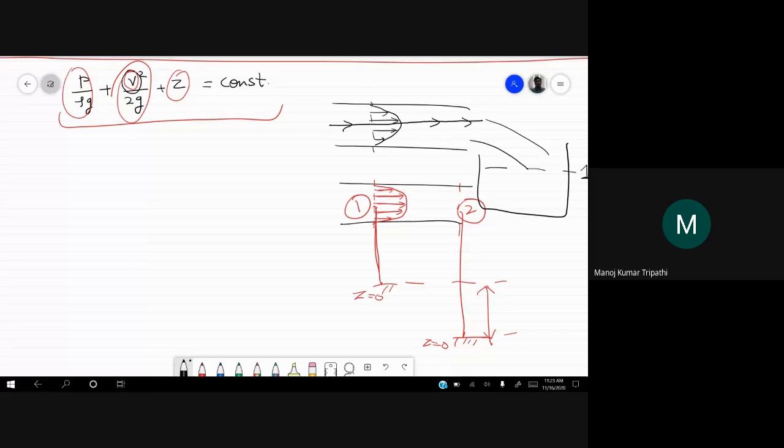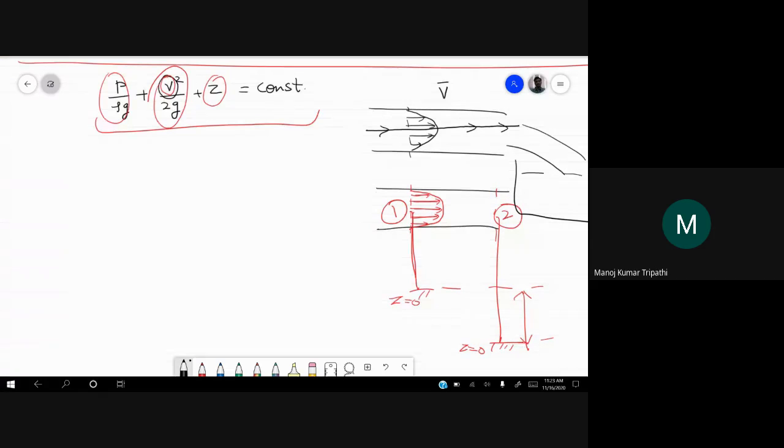So from here you get the average velocity, V bar. Now, if you want to write this equation in terms of V bar, the average velocity, P by rho g plus the average velocity plus Z equal to constant, this is not true anymore.